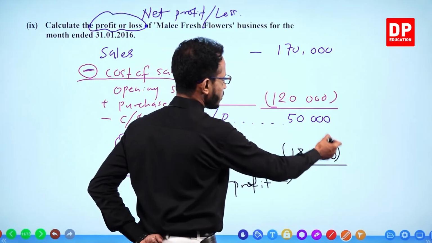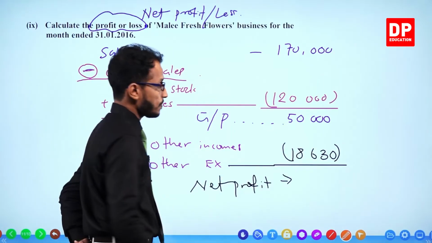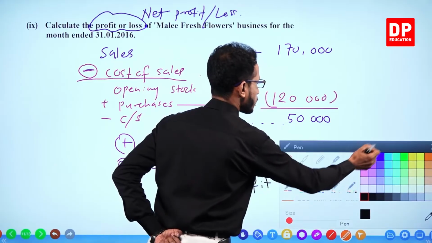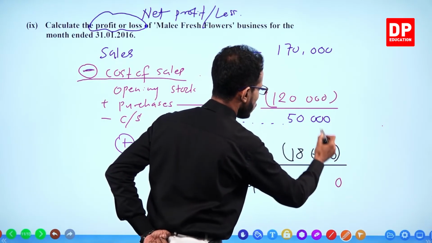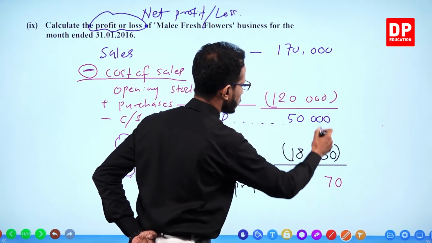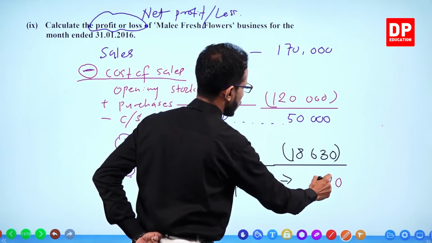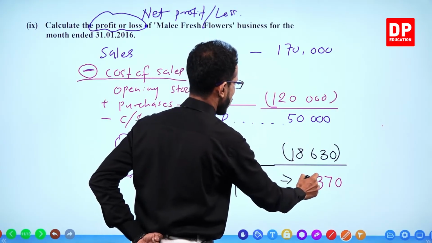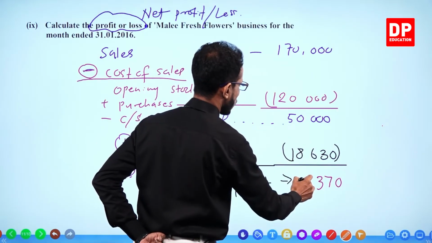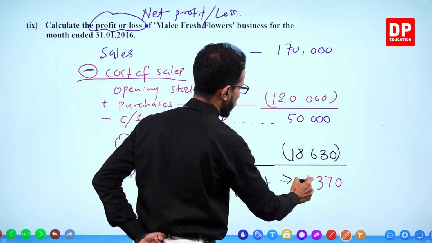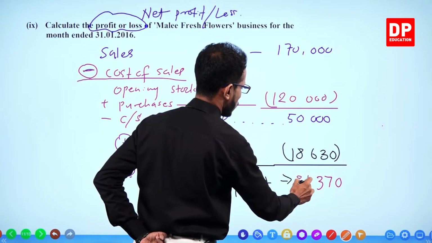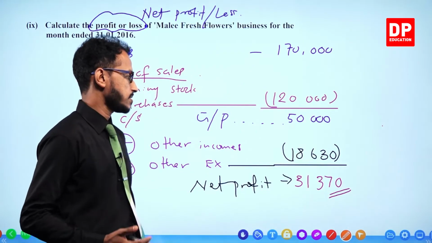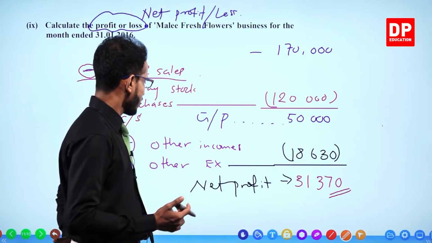Right, 50,000 minus 18,630. How much? Do your calculation. 31,370. That is your net profit.